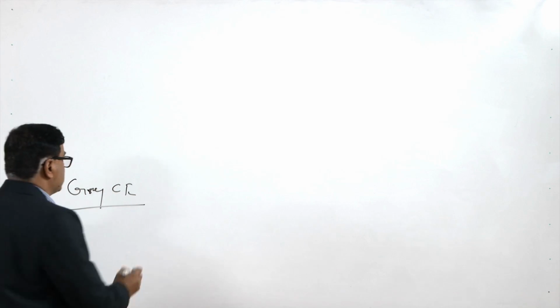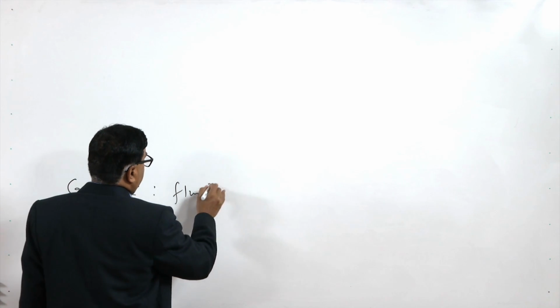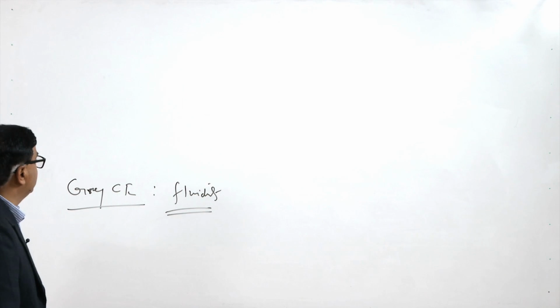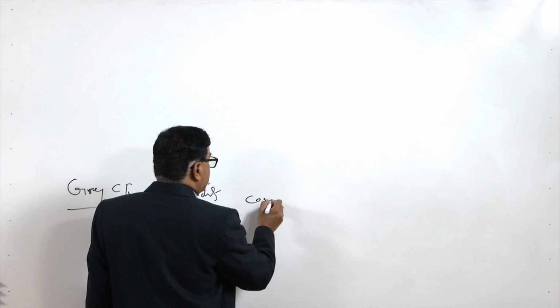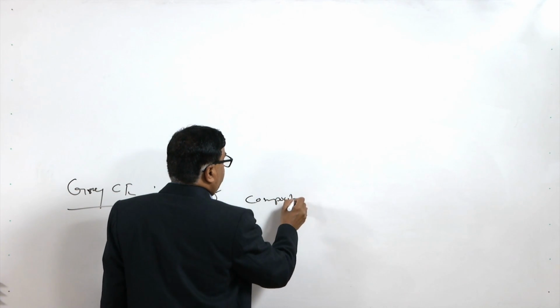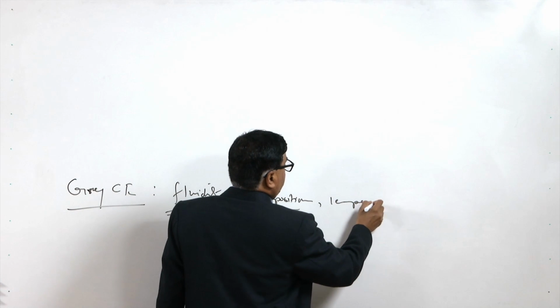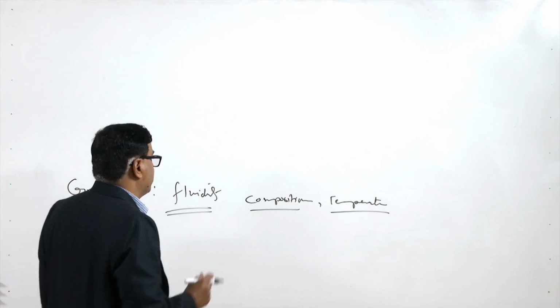This has very good fluidity and a low melting point, that is why it is very easy to develop castings of grey cast iron, and it largely depends upon the composition apart from the temperature. So, composition and temperature, for a given mould, this is what we can say.